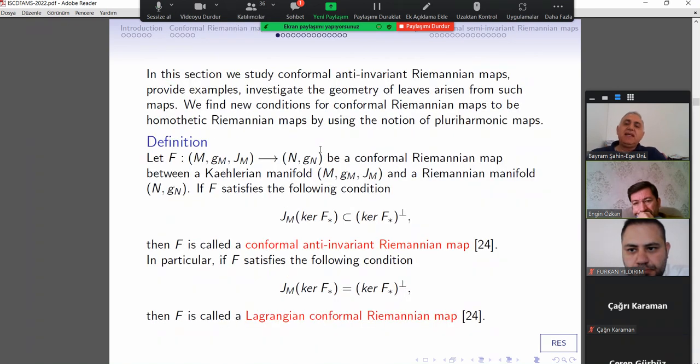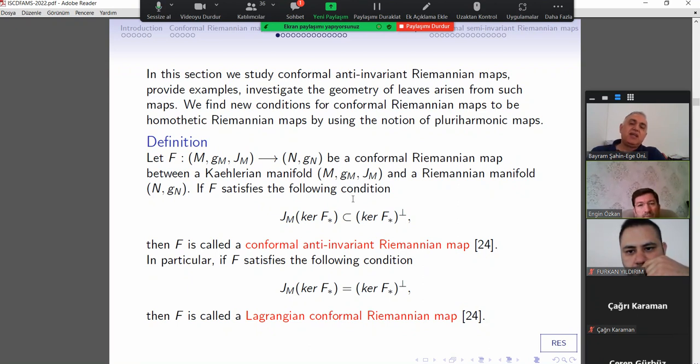So here we have another notion. It's called conformal anti-invariant Riemannian map. So this one is, contrary to the before notion, in this case, if your vertical space is anti-invariant under the complex structure J_M here, then we call this one a conformal anti-invariant Riemannian map.